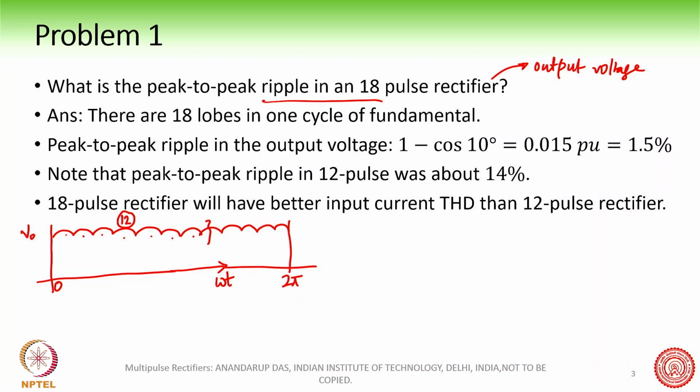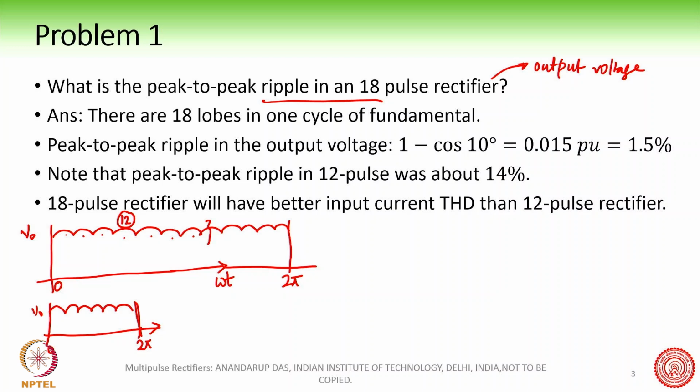We also understood that in a 6 pulse rectifier, the number of lobes in the fundamental cycle is 6.